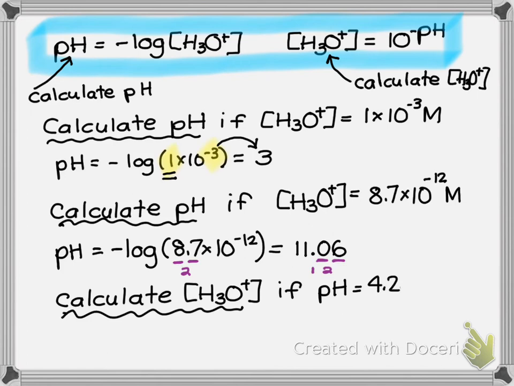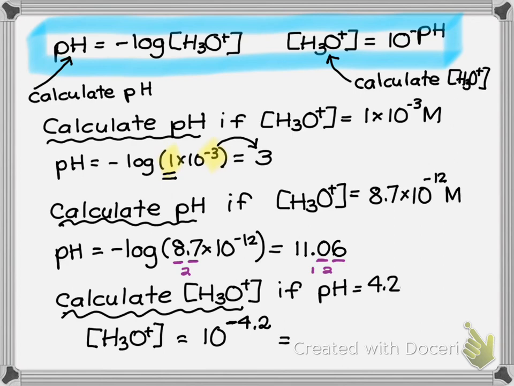Okay, so if I want to calculate that, I know that the hydronium ion concentration is equal to 10 to the negative pH, so the negative 4.2. So in my calculator, I'm going to plug in 10 to the negative 4.2.